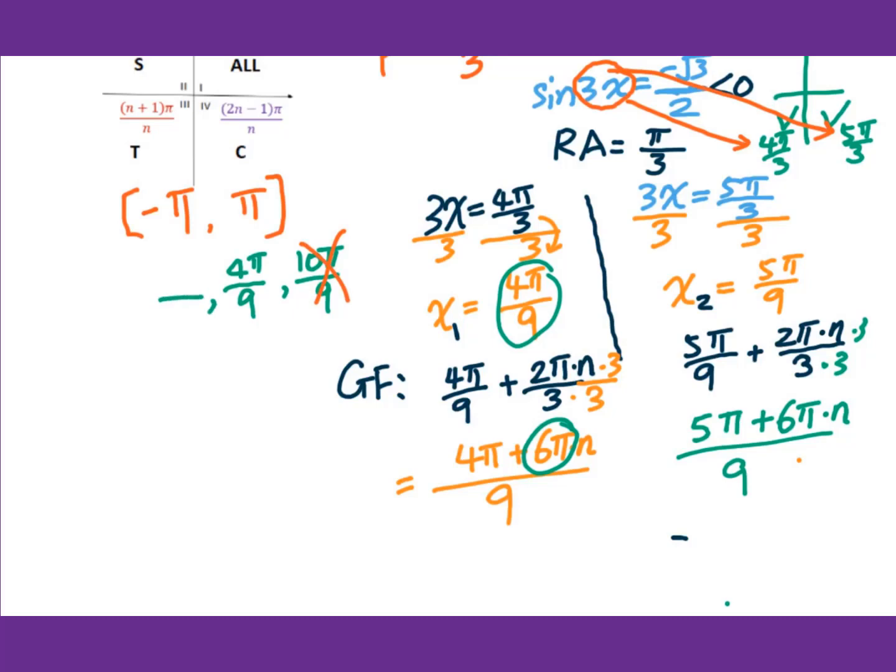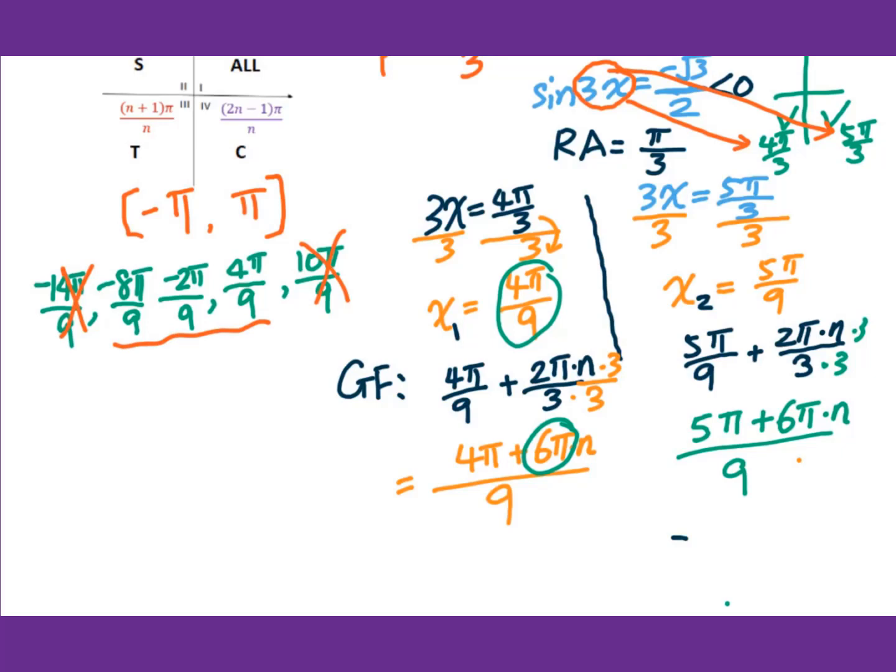Subtract 6 pi, you got negative 2 pi over 9. Keep subtracting 6 pi, you will get negative 8 pi over 9. Then keep subtracting 6 pi, you got negative 14 pi over 9. This one is out for this domain. So you have 3 solutions.